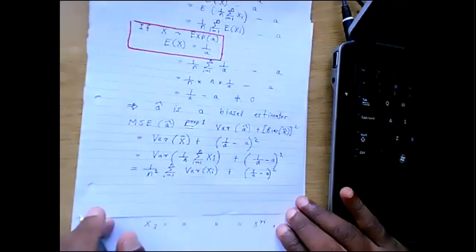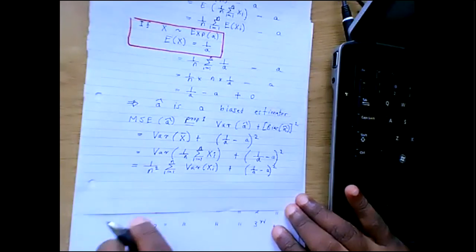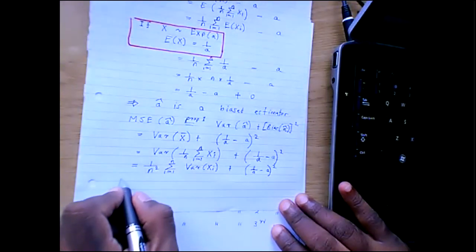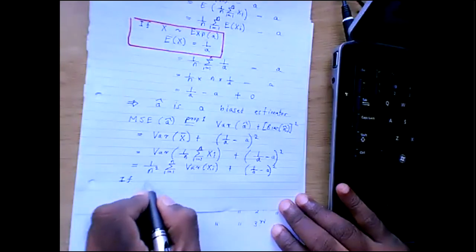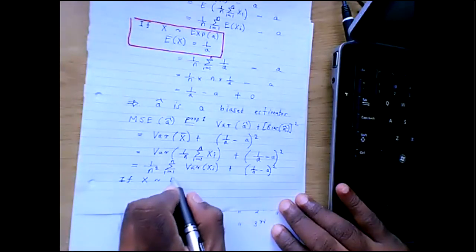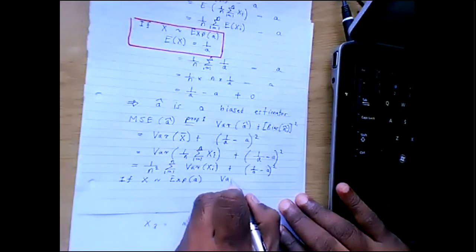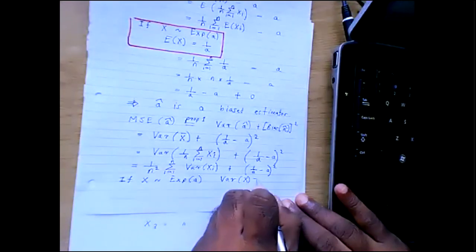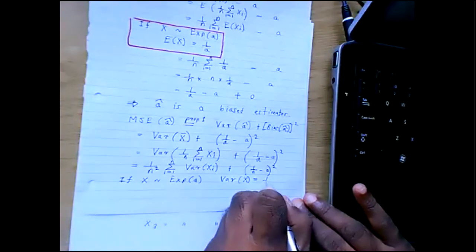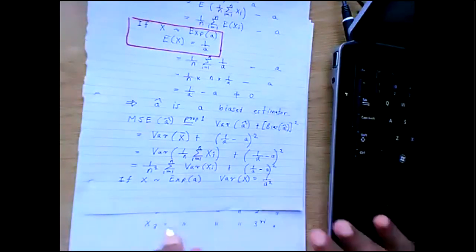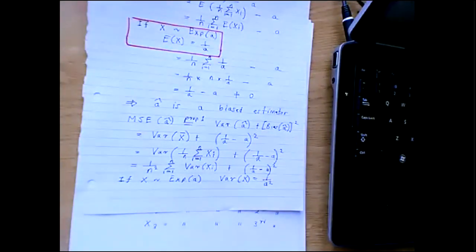Now, you may know from probability 1 that, if you don't remember, I will write it down here. If x is an exponential variable with parameter A, then the variance of that variable is 1 over A squared. Do you guys remember this or not?